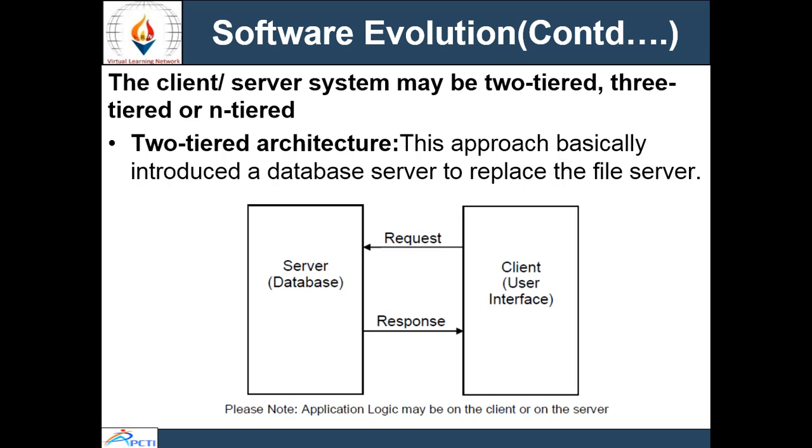The emergence of relational database management system and graphical user interface applications lead to database server, which could be accessed through the GUI based client applications. Since the client queries the database over the network and only the relevant data is supplied to the client, the network traffic is greatly reduced in comparison to the file server system.